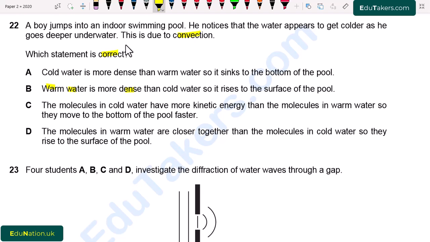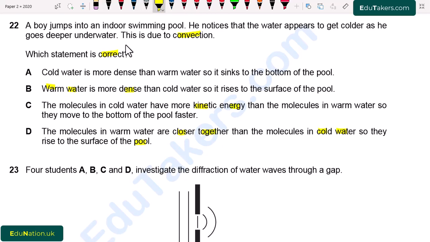C. The molecules in the cooled water have more kinetic energy than the molecules in the warm water, so they move to the bottom of the pool faster. D. The molecules in the warm water are closer together than the molecules in the cooled water, so they rise to the surface of the pool.